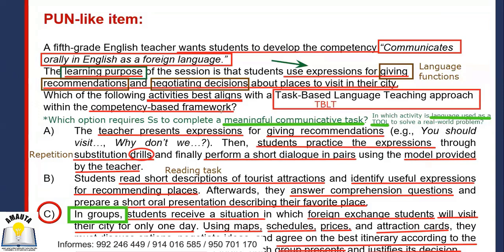And then you say, okay, dear students, change the conversation a little bit, replacing the underlined words with other information. You change the names, you change some other words. But in that kind of activity, students are not really communicating with each other.